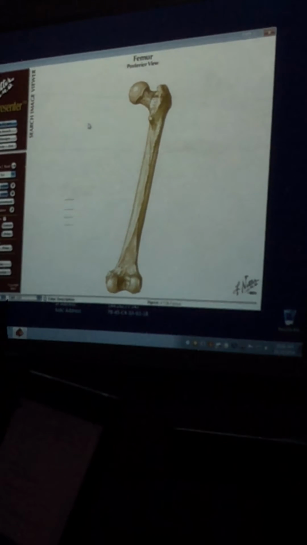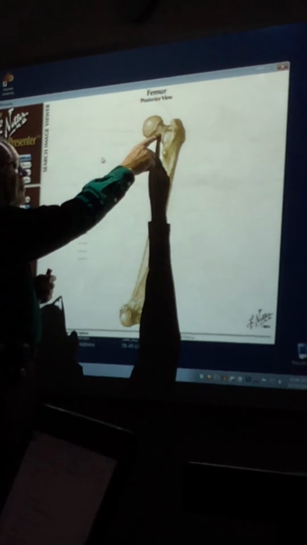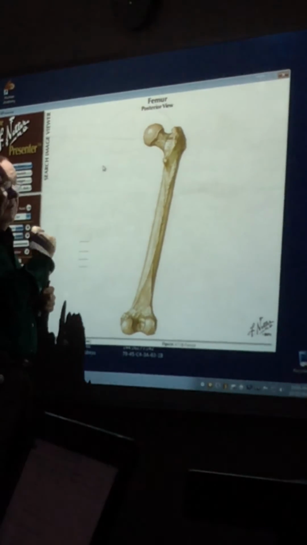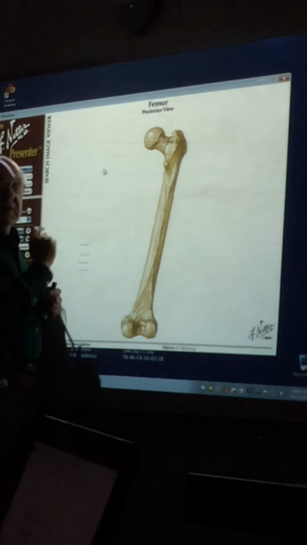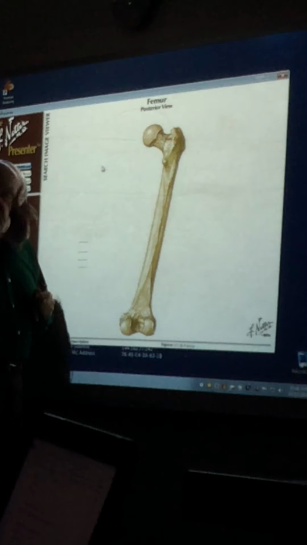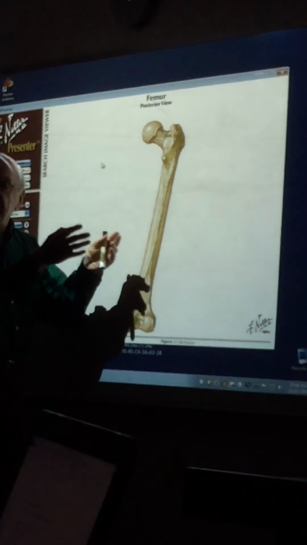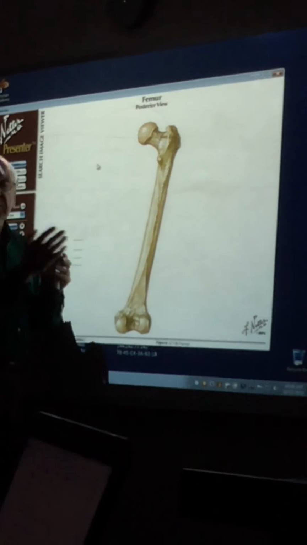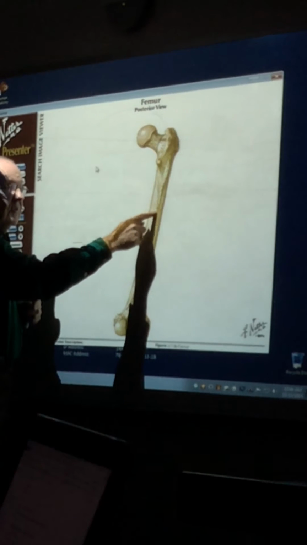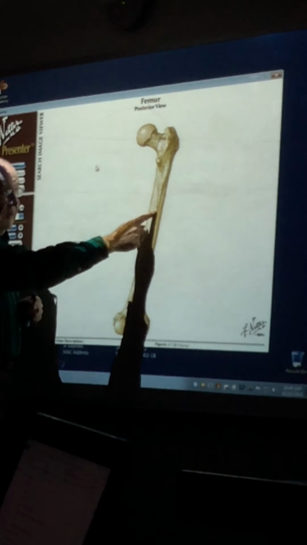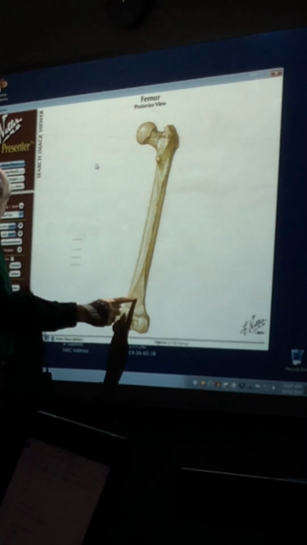Okay, now let's go back and make sure we get them in little sets. Head and neck, right? And on the head I have a pit, the fovea capitis. Then I have a trochanter, greater and lesser trochanter. In between the trochanters, I have a crest and a line, so it's going to be the intertrochanteric crest, and the other side is the intertrochanteric line. Then gluteus maximus is coming down, so this is the gluteal tuberosity. It doesn't look like a tuberosity to me, but that's what they call it. And this is the linea aspera, the aspirated line.